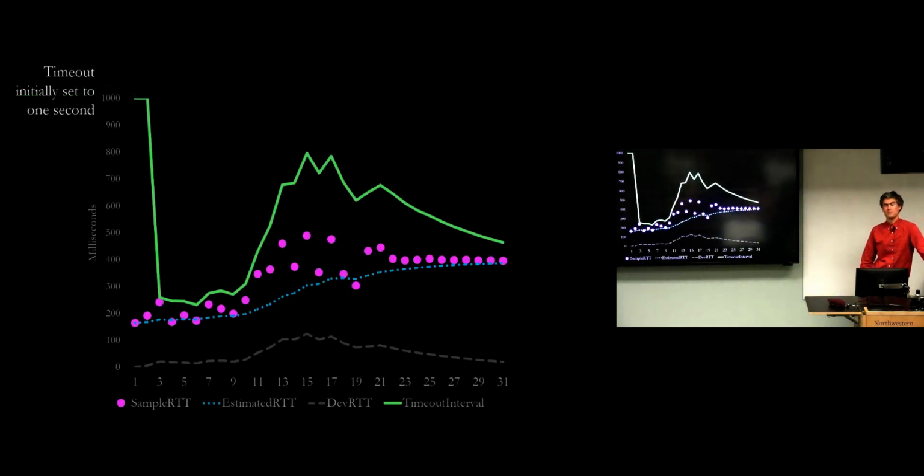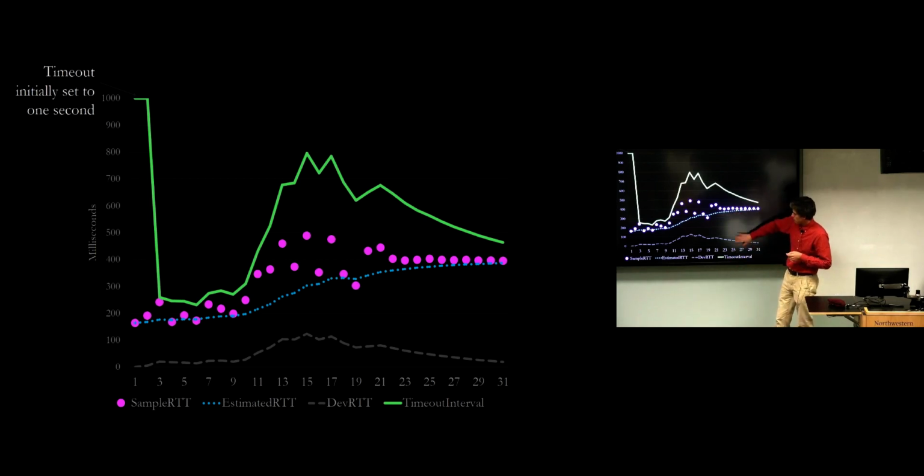Okay. So here is a simulation, I guess, of different observed round trip times in these pink circles. And the green line shows what the timeout would be, or how the timeout would evolve over time. And these dotted lines are the estimated round trip time up here, and the estimated deviation of round trip time here.